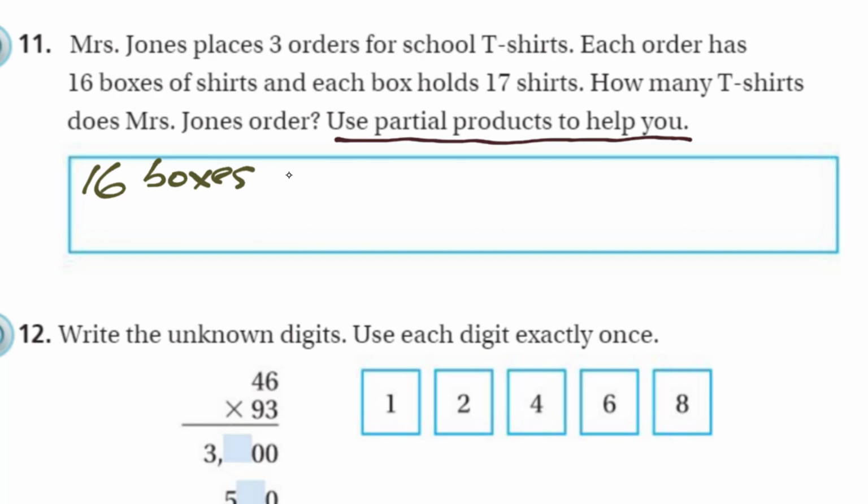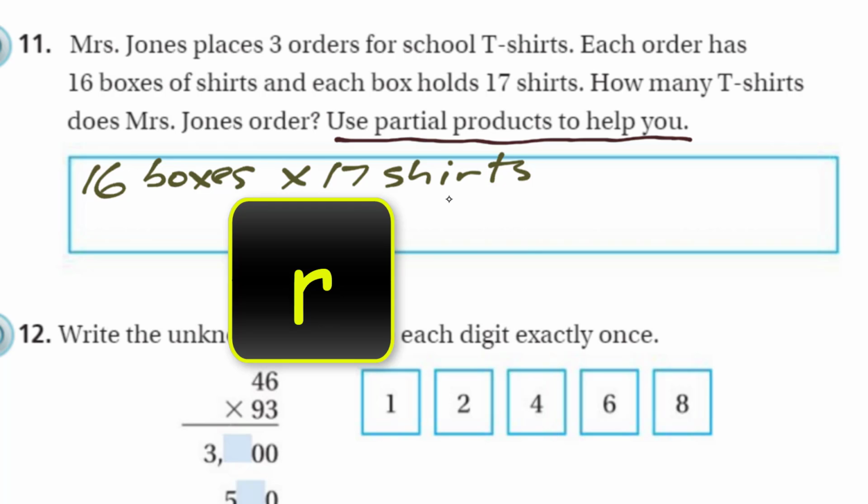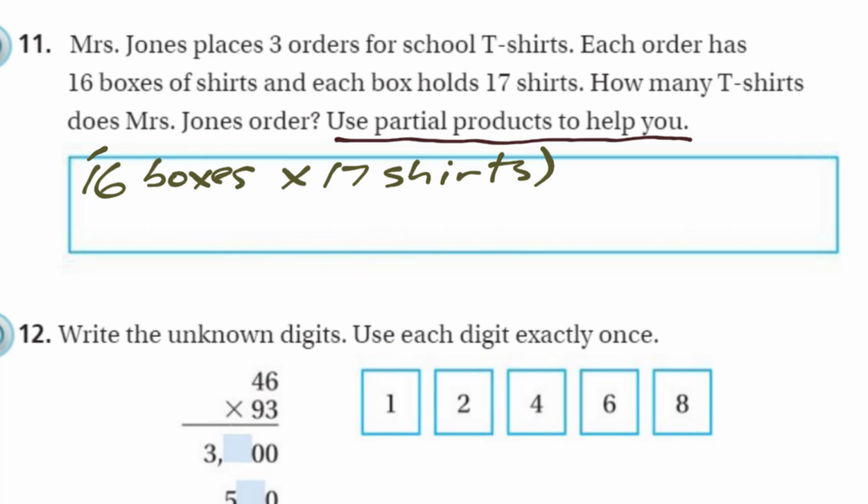We're going to take 16 boxes and multiply that by 17 shirts in each box. We could try to add them all up, 16 plus 16 plus 16 plus 16 plus 16, all the way. It would take forever. That's why they made up this thing called multiplication. So 16 boxes times 17 shirts makes that easier.